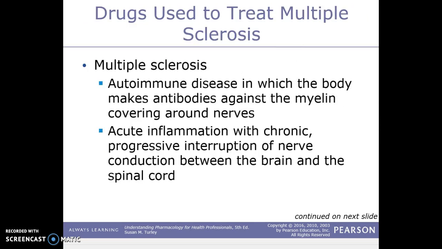MS is the next group. MS is an autoimmune disease. Basically, there are antibodies being made in your body that are going against the myelin covering around the nerve. So it interrupts that communication between the nerve and the brain and the spinal cord.